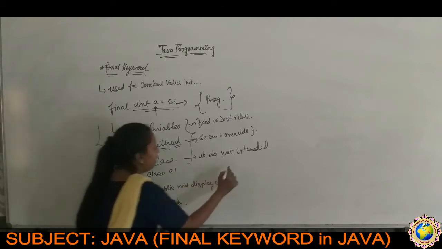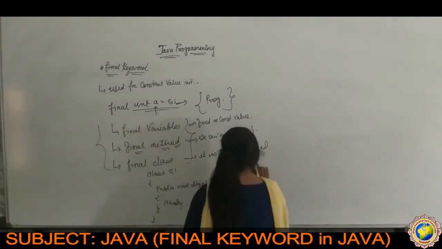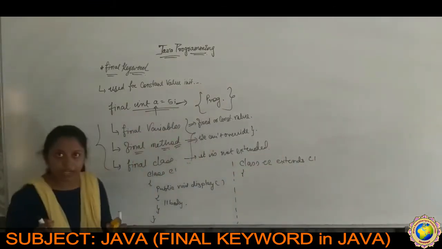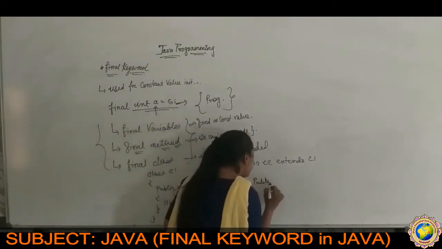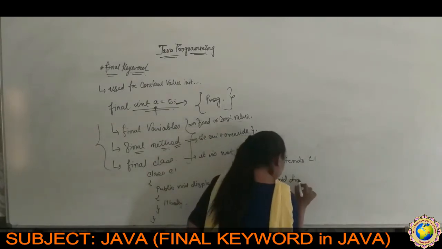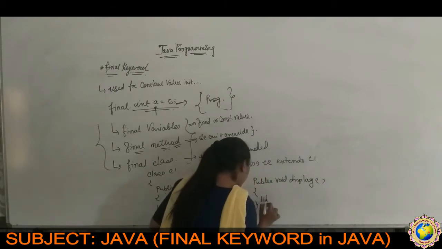Suppose here I am writing class C2 extends C1, and here I am writing public void display, whatever the body is there.